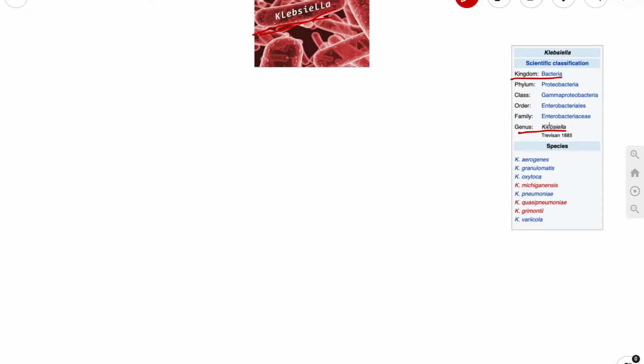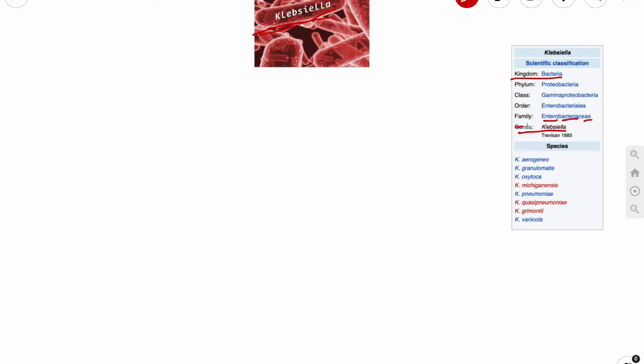The word entero means intestine, bacteria means bacteria, and -aceae means family or group. That family falls into the order Enterobacterales, then into the class Gammaproteobacteria.